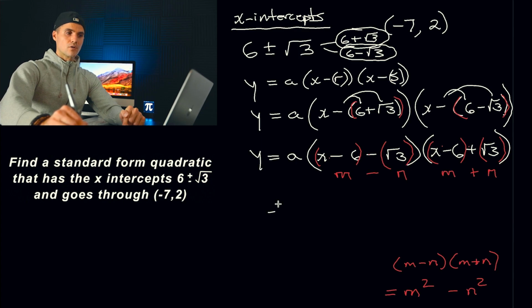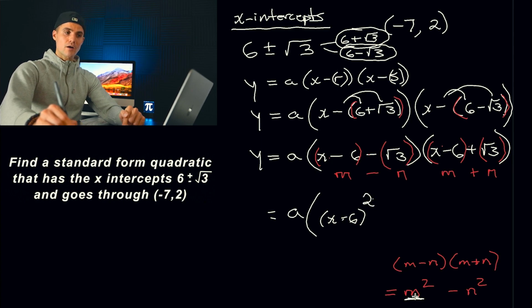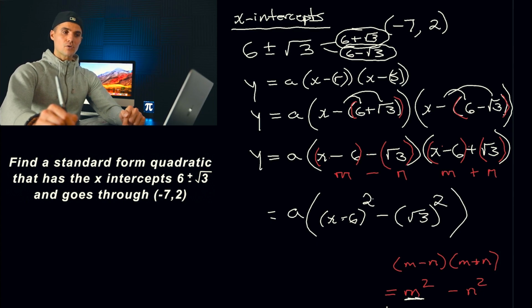So our next line, we're going to keep that a value there. We take the m value, which is x minus 6, and square that, m squared, minus n squared. The n value is root 3, and we're going to square that as well, and then close the bracket.